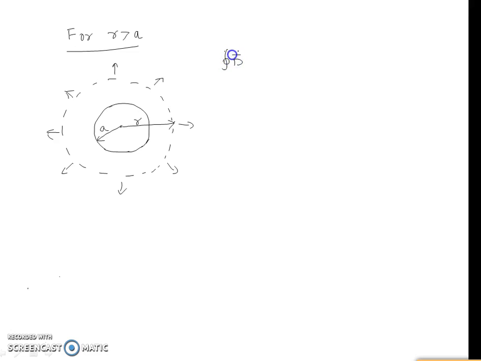The flux emerging from the closed surface is given by, as in the previous case, D into 4 pi r square. But now r is greater than a.